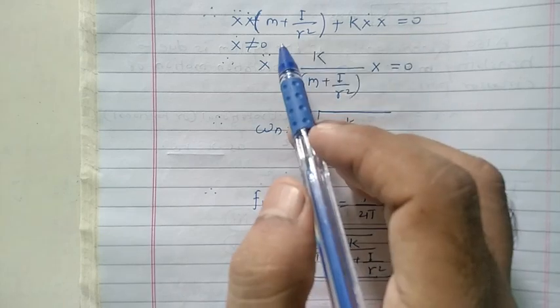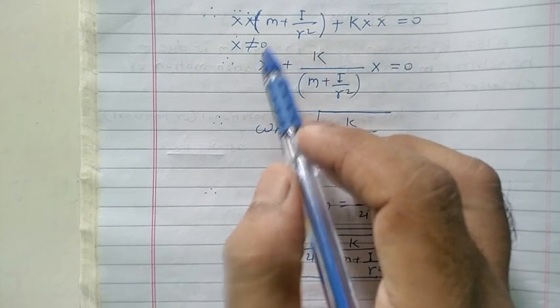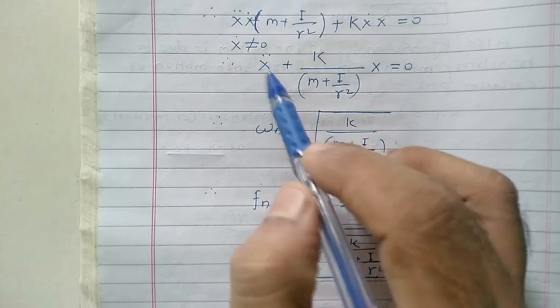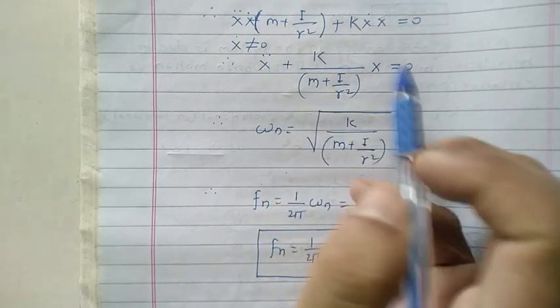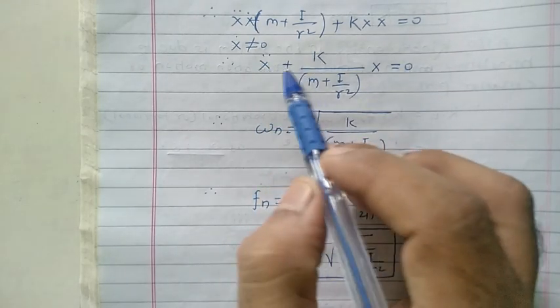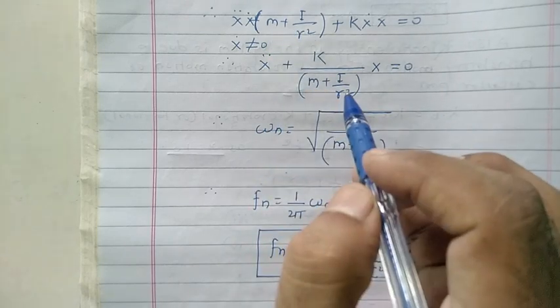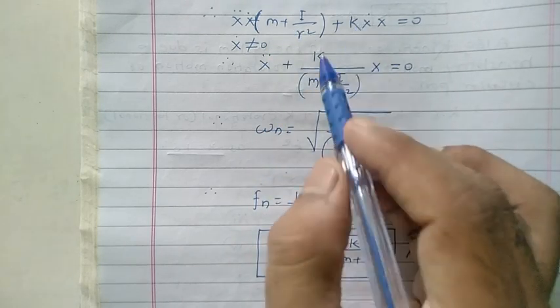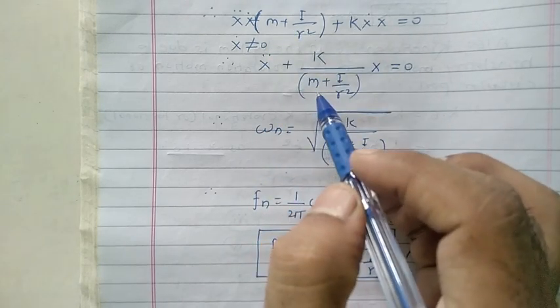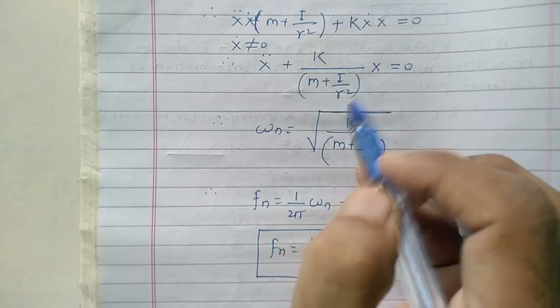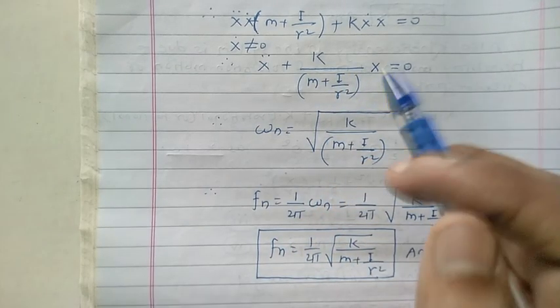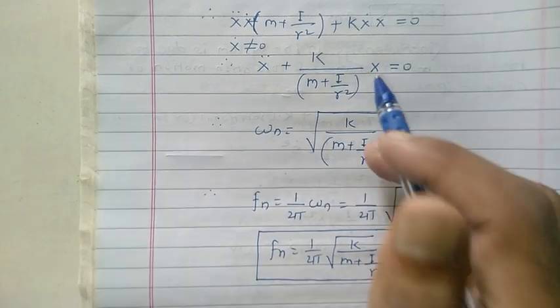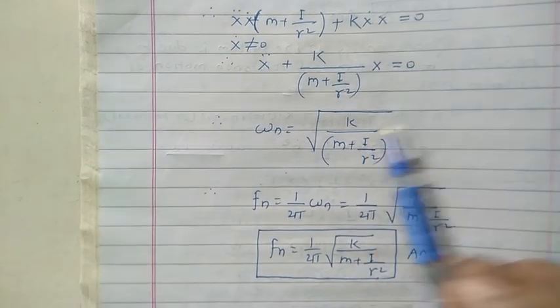Here in this case the velocity never becomes 0, so the second bracket must equal 0. By rearranging, we can write x double dot plus, this term actually goes in the denominator, so k divided by small m plus capital I divided by r square, into x equals 0. Straightforward, compare this equation with the SHM equation. What do we get here?